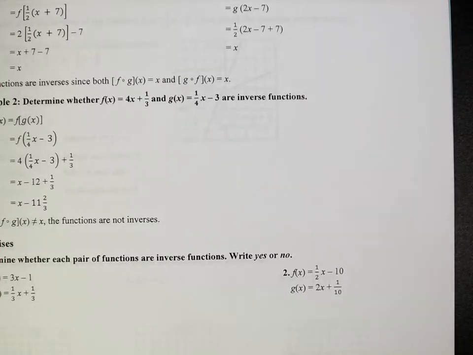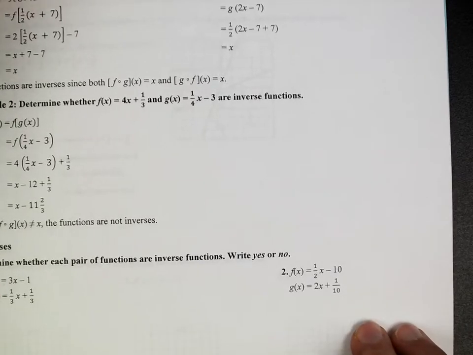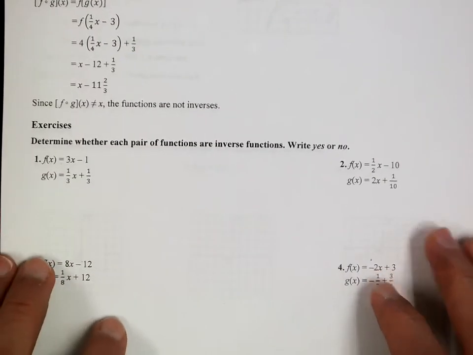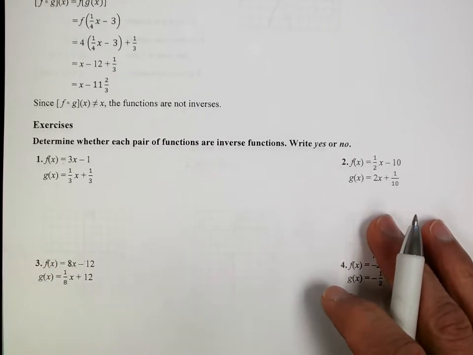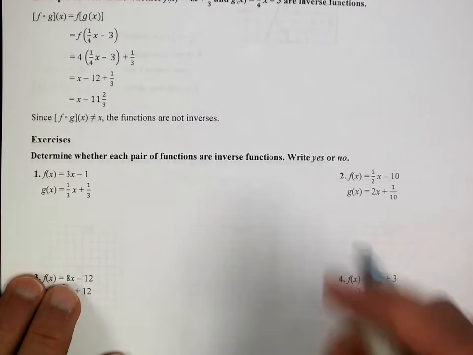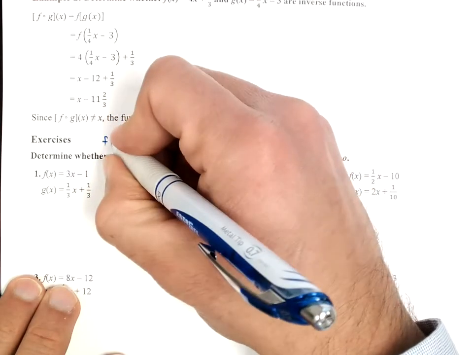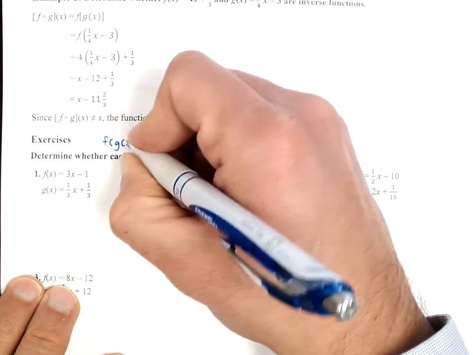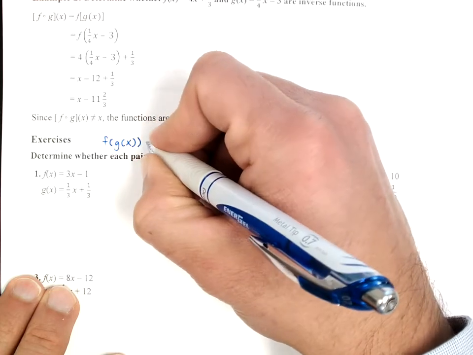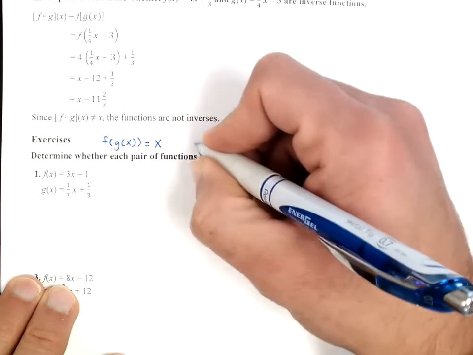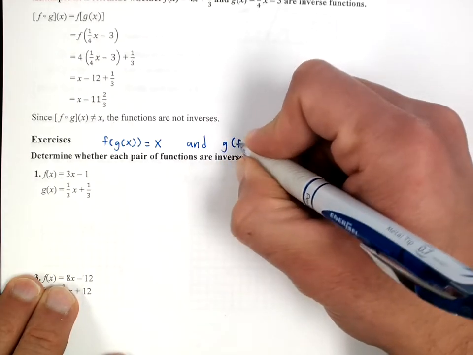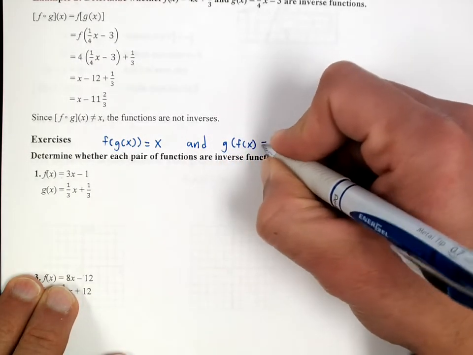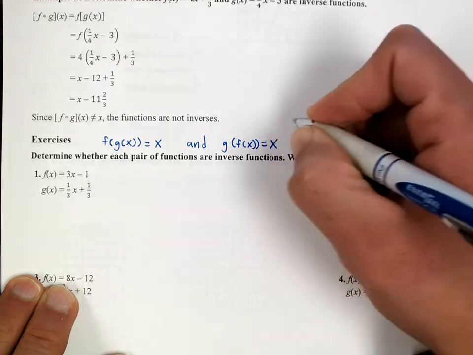Okay, so on the back page, sometimes they're going to ask you to determine if two functions are inverses of each other. And to do that, it's actually a very simple process. What you're going to have to know is f of g of x, if that's equal to x, and if g of f of x is also equal to x.